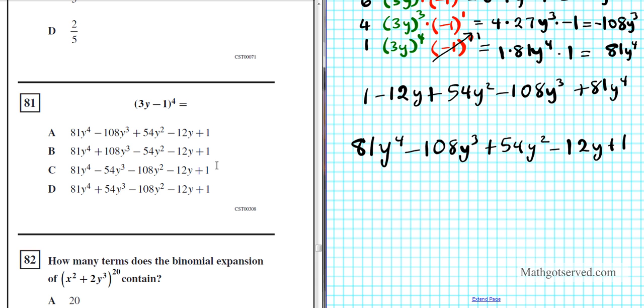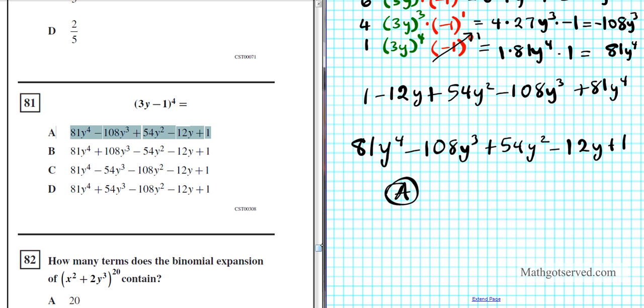Alright? So let's see which one matches. 81 is option A. Okay, this is one that matches what we have right here. So our answer here is option A. Alright? So there goes the use of the Pascal's triangle to basically expand a binomial.